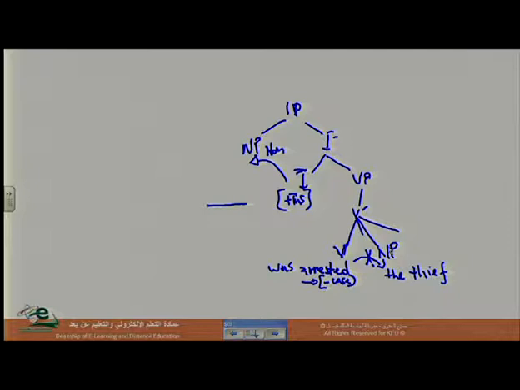But remember something that we call the case filter. The case filter says all NPs must have case.